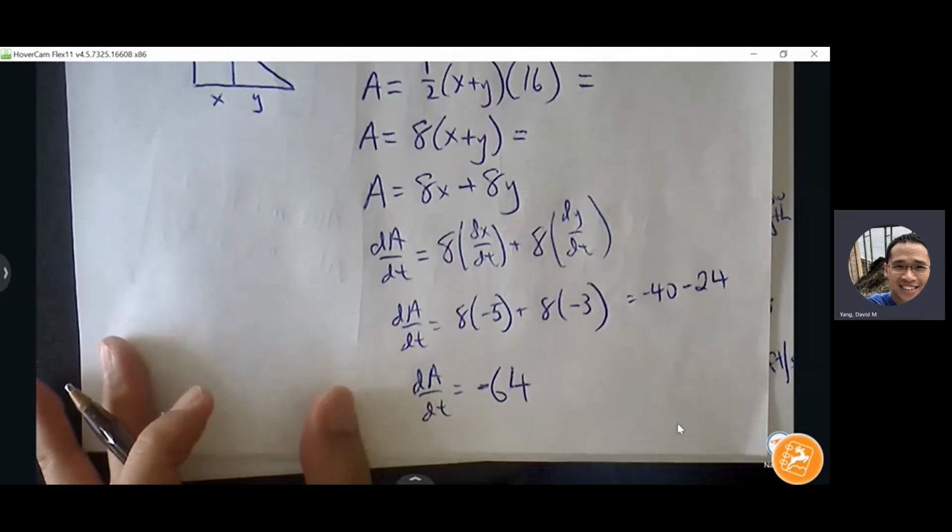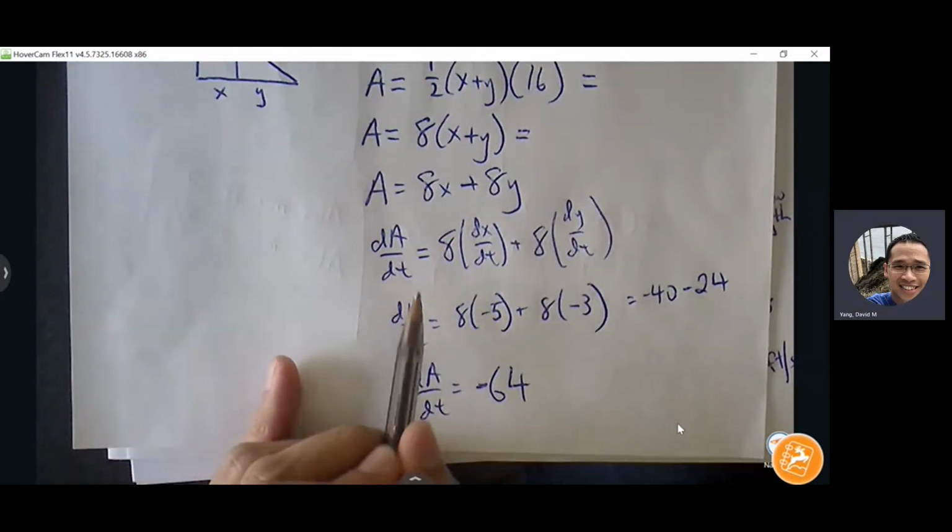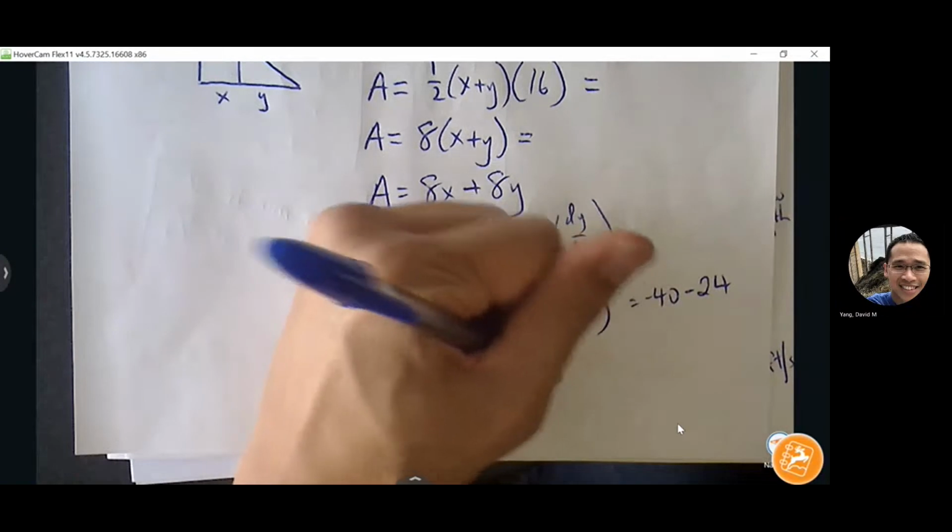And what's our unit of measure here? Feet squared. Good. Area is feet squared.